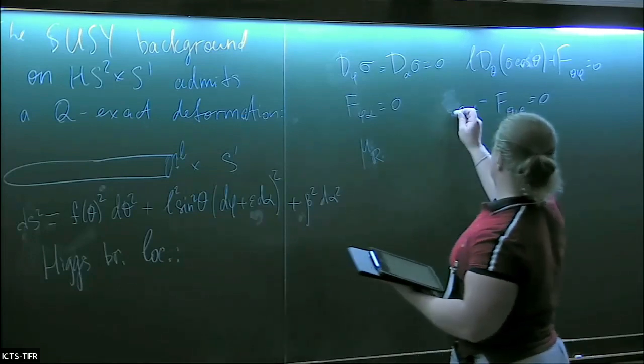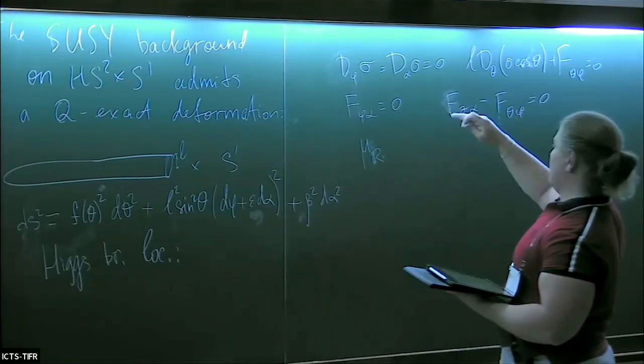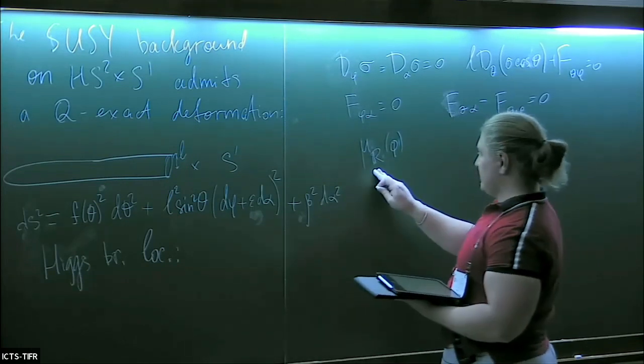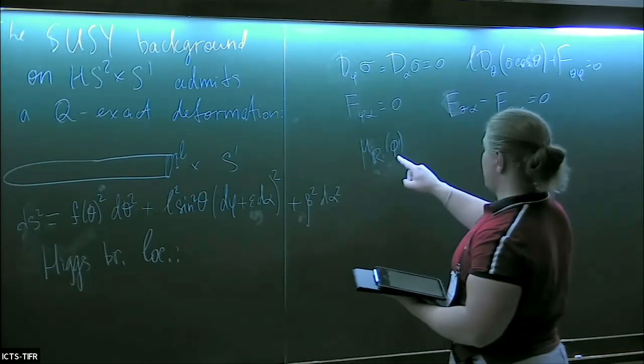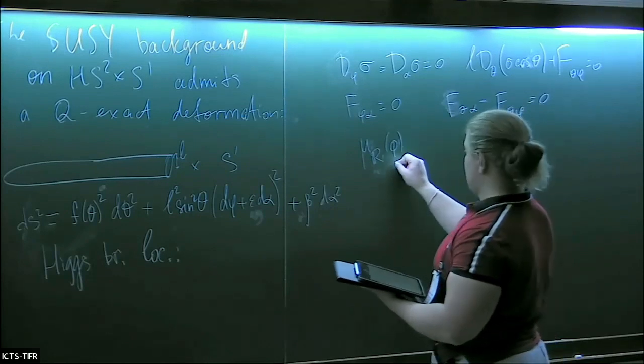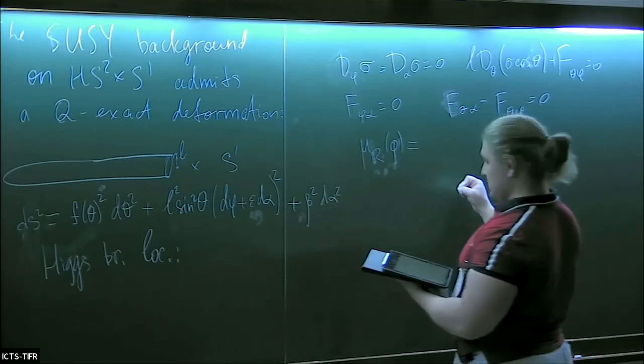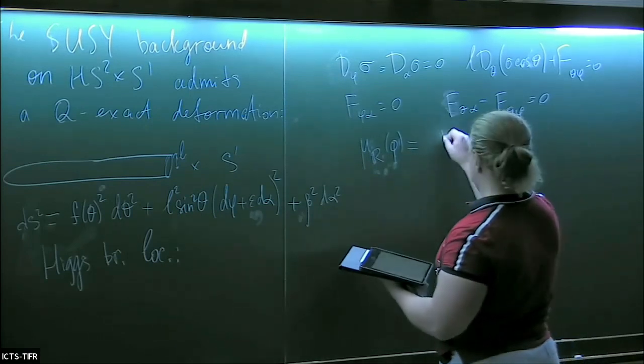F here is the gauge field strength, and then there's this equation that the moment map for the matter fields of your theory equals, and here there are two terms.